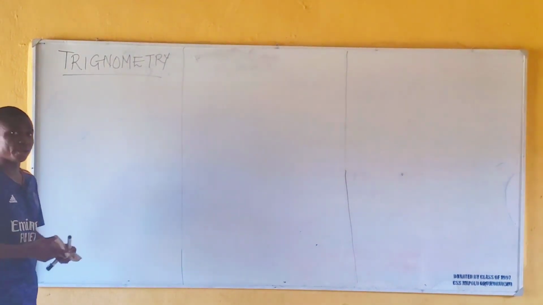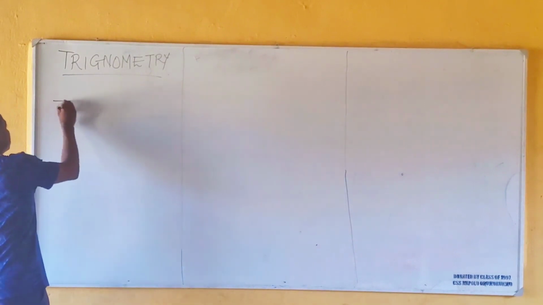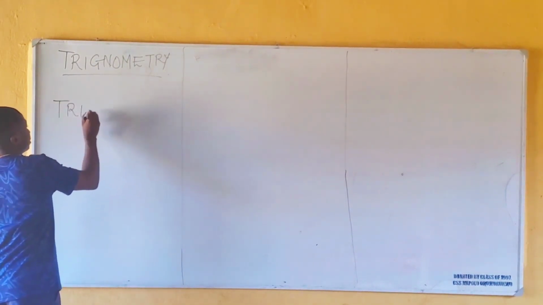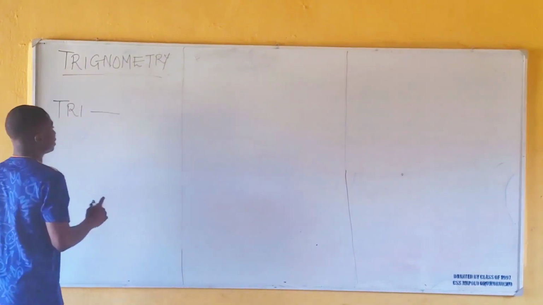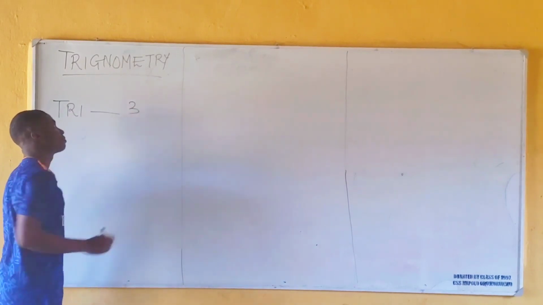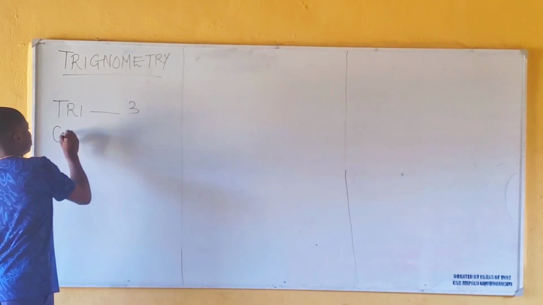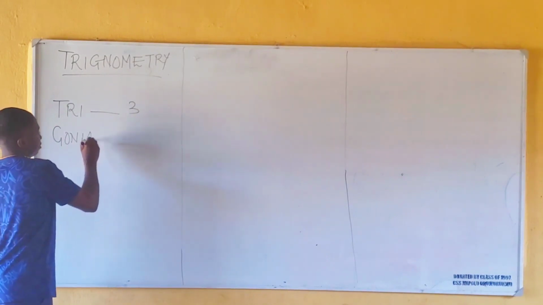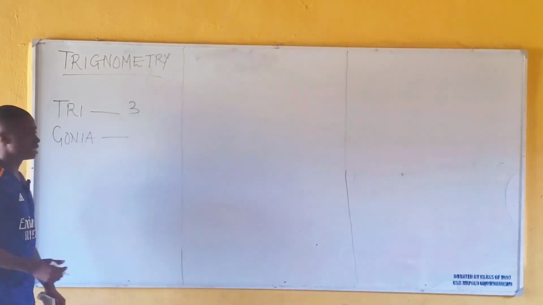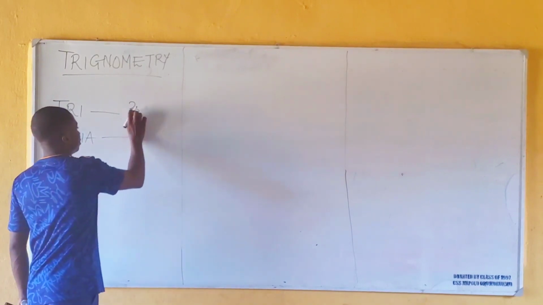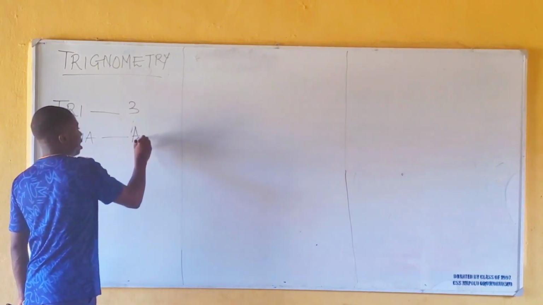According to Greek language, tri means three. Gonia means angle.